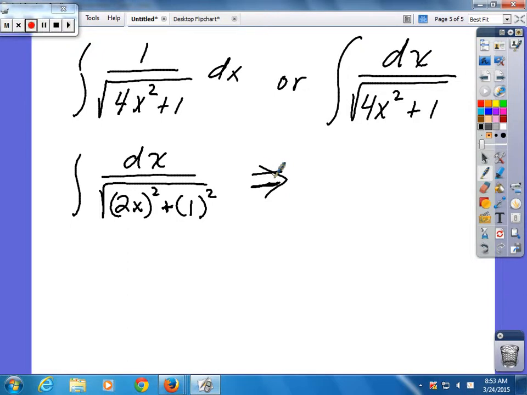This tells you that you've got a triangle with 2x here and 1 here, and the square root of 4x squared plus 1.